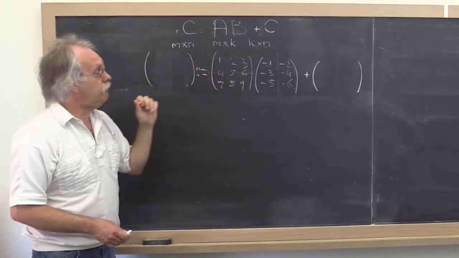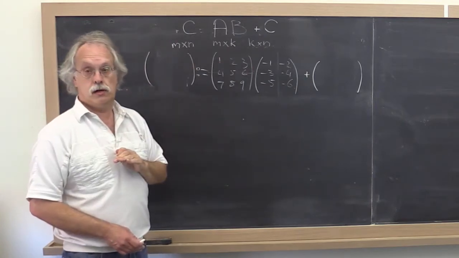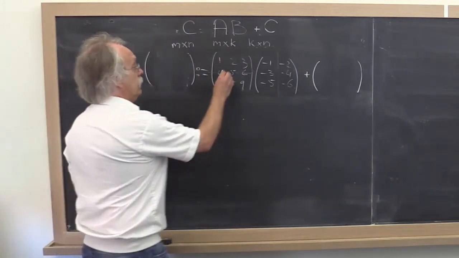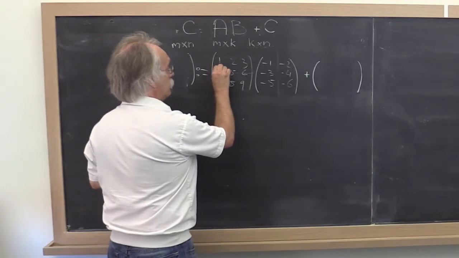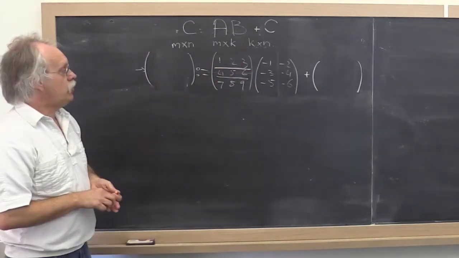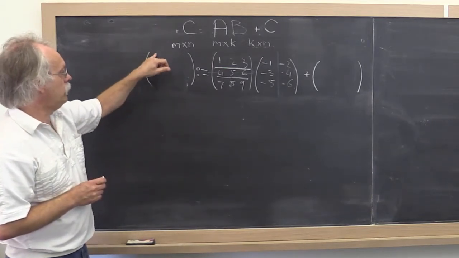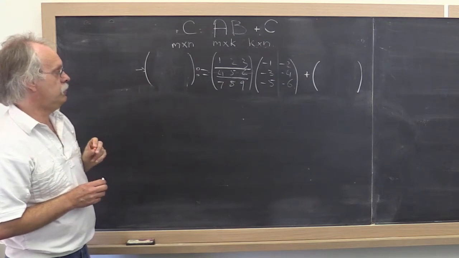Let's see what happens if we cut A by rows. So let's think for a second about matrix C. We know it's going to be a 3 by 2 matrix.